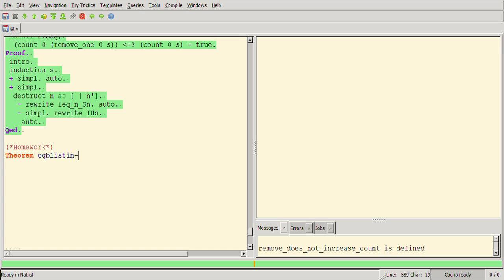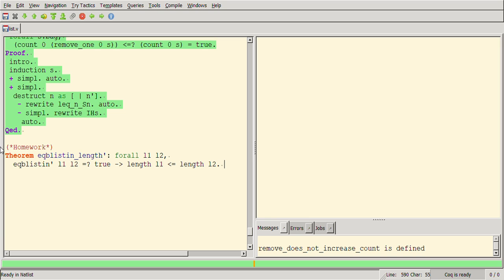Okay, so for all lists L1 and L2, I'm saying that if the Boolean equality list n prime L1 L2 is equal to true, then it implies that length of L1 is less than or equal to length of L2.